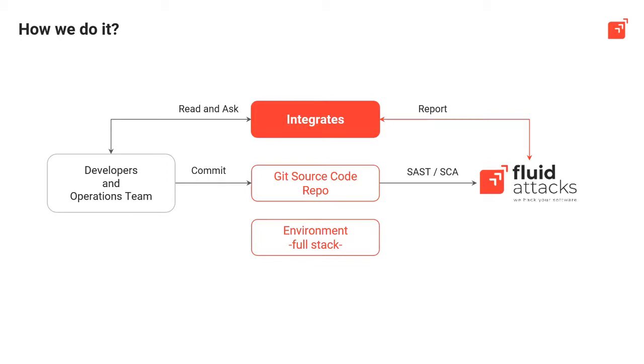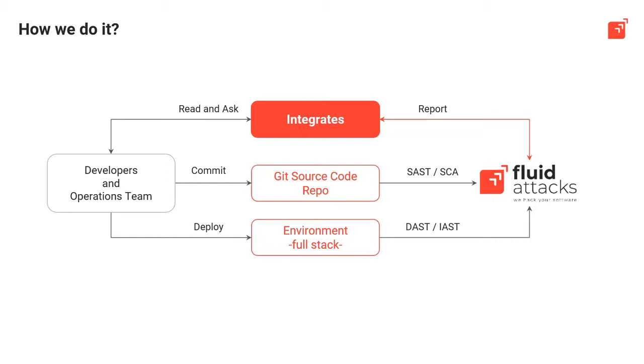As soon as the code is functional, it is deployed into the integration environment. The source code is executed to attack the application and its associated infrastructure through its input fields and ports. And again, when Fluid Attacks finds a vulnerability, the development or operation teams review the report and go ahead to close or fix that vulnerability.